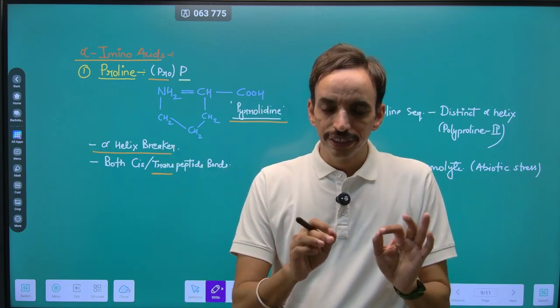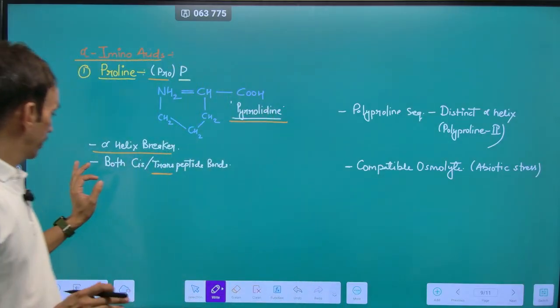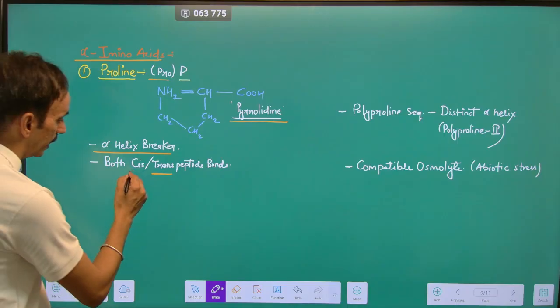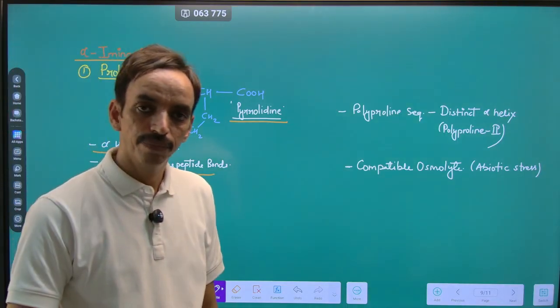It generally remains in a trans configuration naturally, but proline forms both cis and trans types of peptide bond.